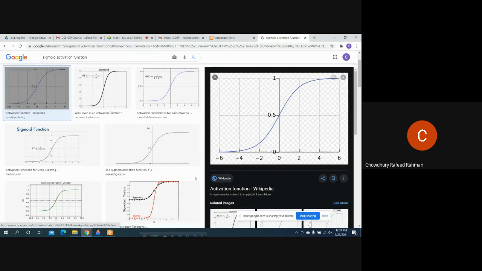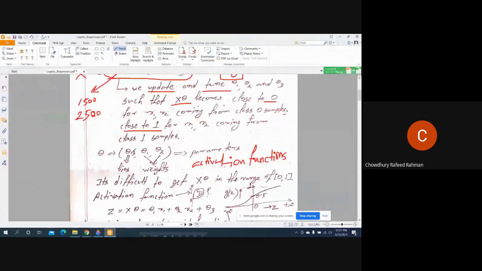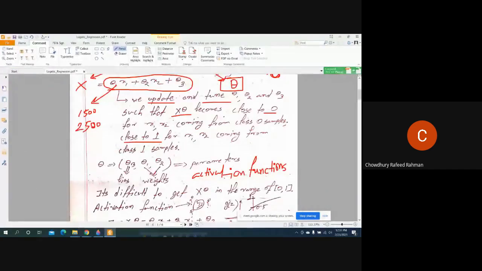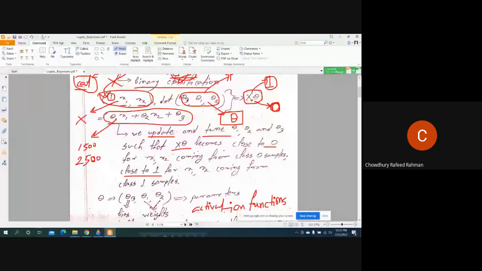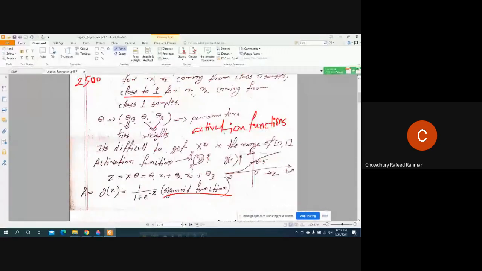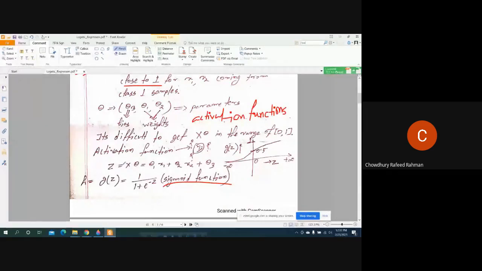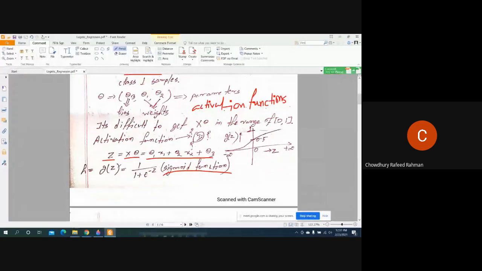So what we do is, we put this theta1 x1, theta2 x2, theta3 through this sigmoid activation function. So let me elaborate. We are assuming z equals x theta, this whole vector, and we are putting z inside g, where g is the sigmoid function, defined as 1 divided by 1 plus e to the power minus z.